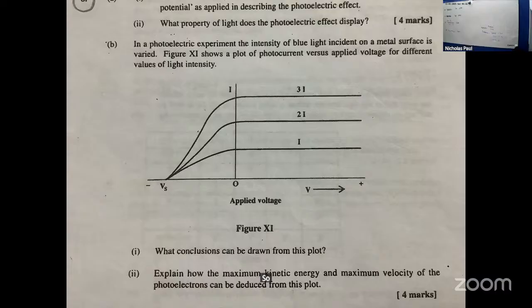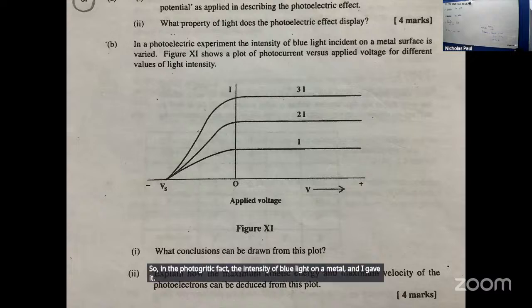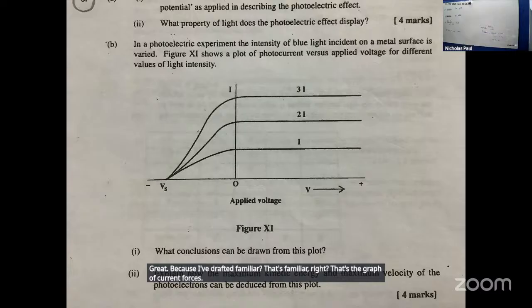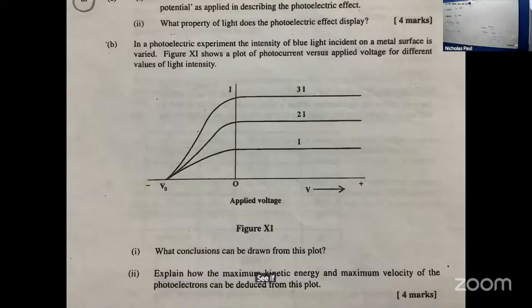So in the photoelectric effect, the intensity of blue light on a metal, and they gave you the graph. Does that graph look familiar? Looks familiar, right? That's the graph of current versus voltage. First part, what conclusions can be drawn from the plot? See if you can write the conclusions. You should be able to have at least three conclusions.